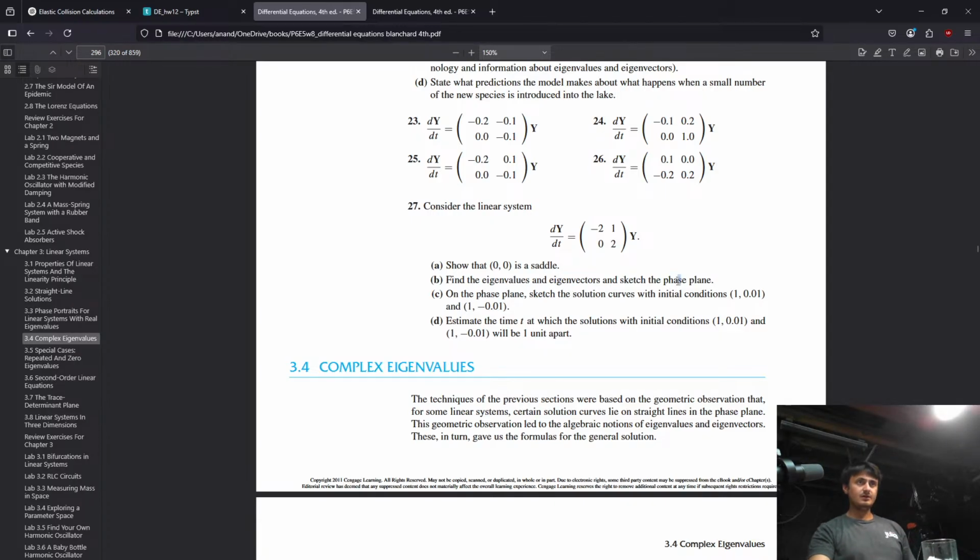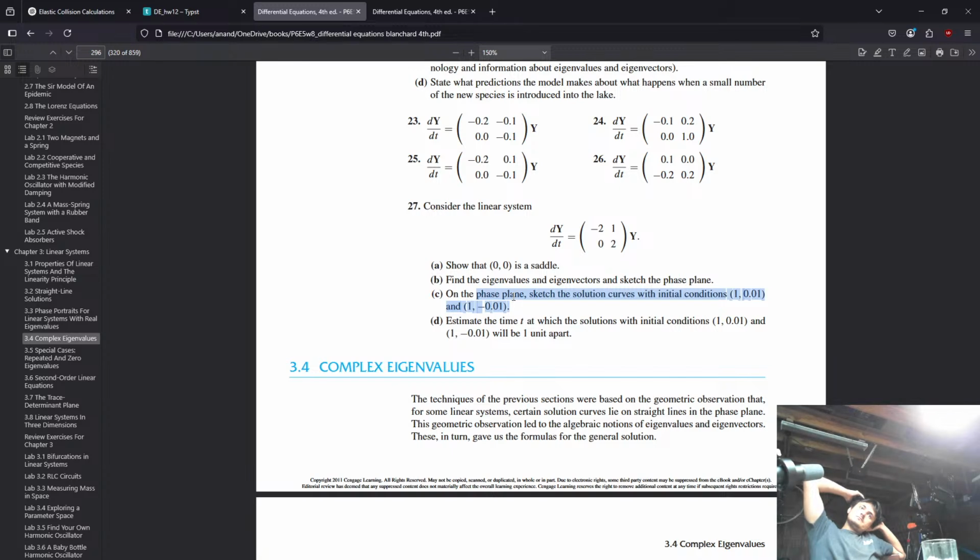Okay, find the eigenvalues, sketch the phase plane. All right, let's just get started. These aren't that fun.